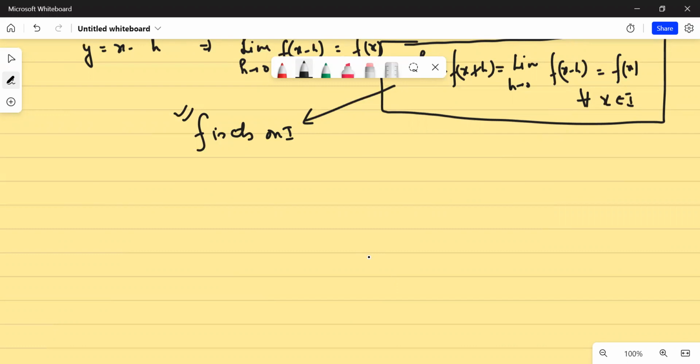Okay, so what we were doing was continuity of a function, and now I'm going to write a few things that are very important for your exam, without proof.